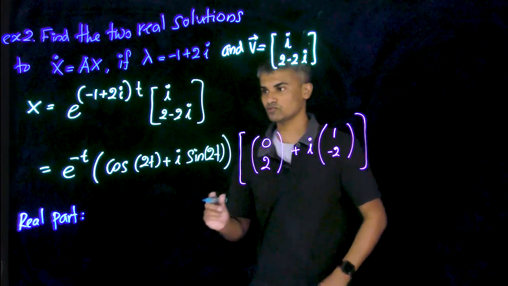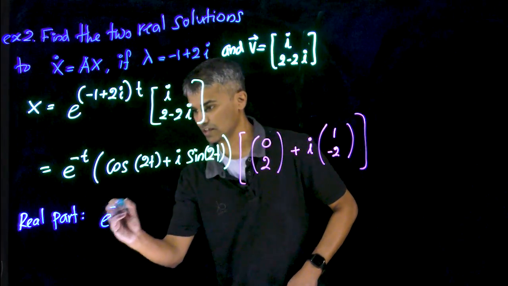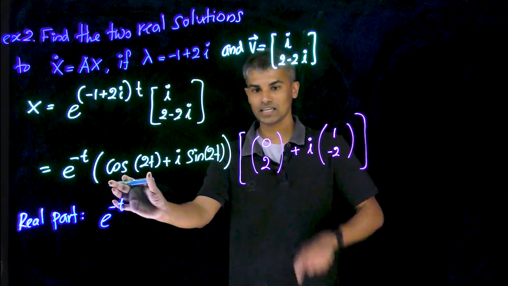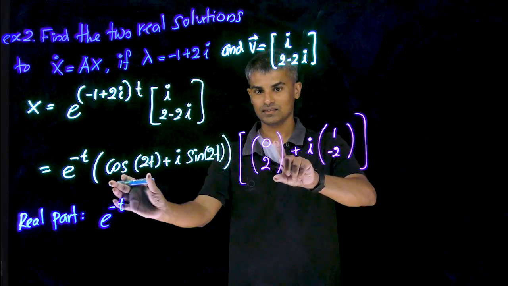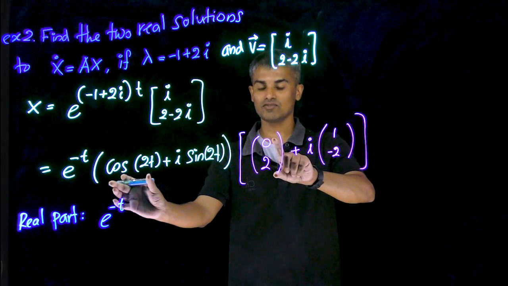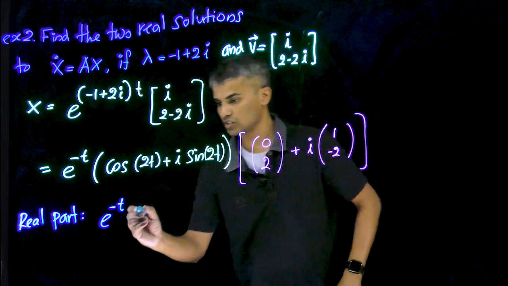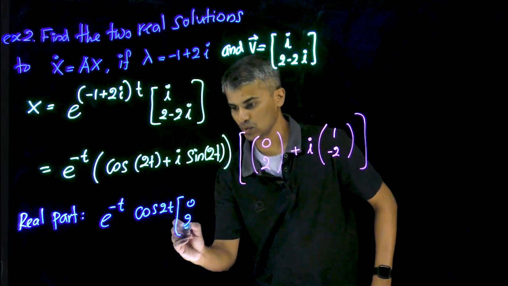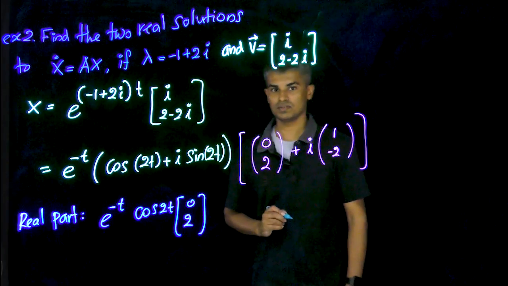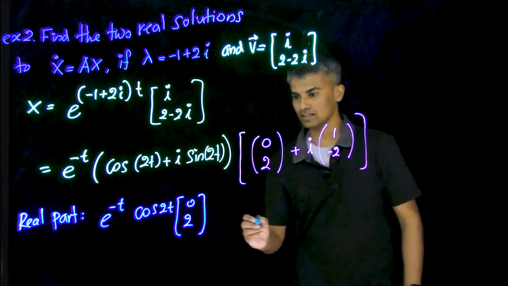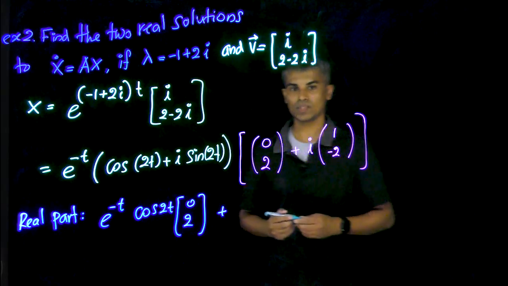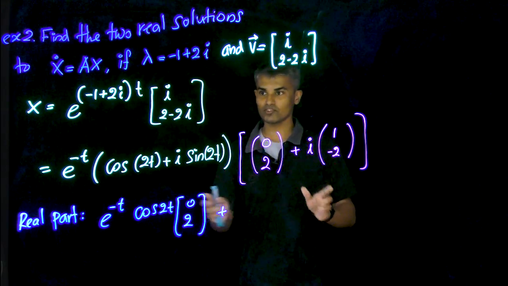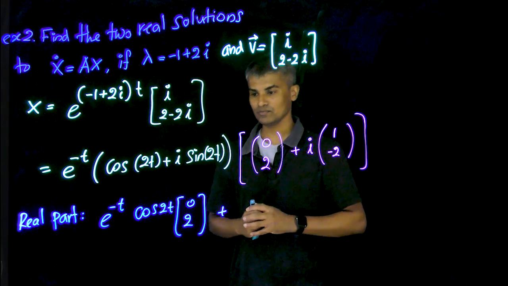the real part comes from this e to the -t term and then cosine 2t times the real part of the eigenvector v. So you will get cosine 2t times (0, 2), right, then plus, now again remember we are looking for the real part of this complex solution.